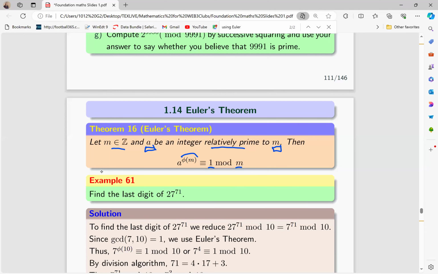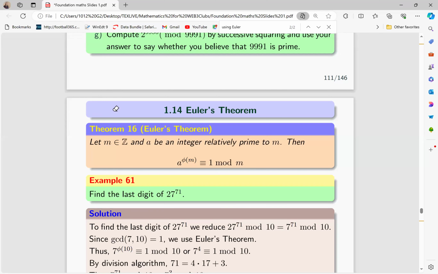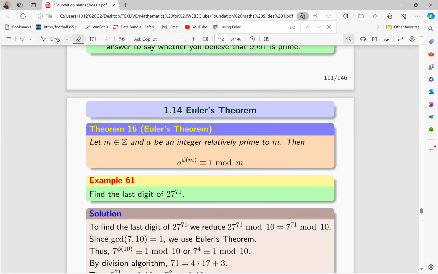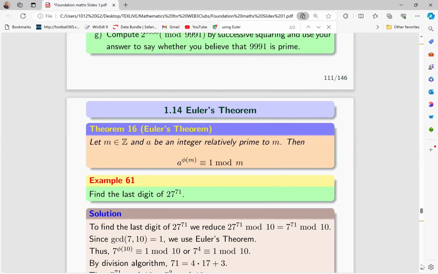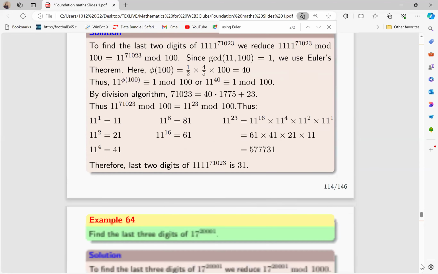I think that one was about factoring. We were trying to factor, and at some point it was not easy to factor. But now the condition I'm emphasizing is that r must be relatively prime to m for us to use the Euler theorem.